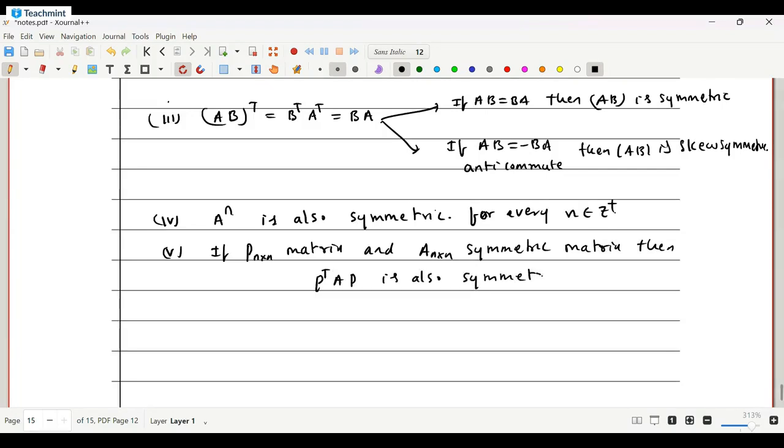Consider (P transpose AP) whole transpose. Since (ABC) whole transpose equals C transpose, B transpose, A transpose, this is P transpose, A transpose, (P transpose) transpose, which is equal to P transpose A transpose P. Since A is symmetric, A transpose equal to A, and (P transpose) transpose is P. So (P transpose AP) transpose equal to P transpose AP. Therefore, this one is symmetric.